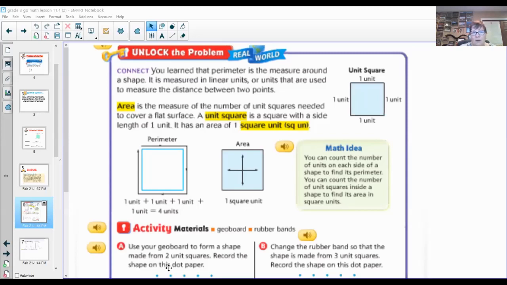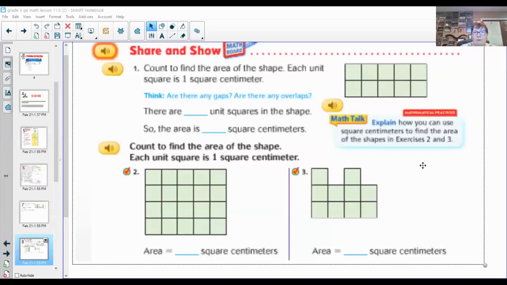Sometimes when you do the area, there's different shapes that they want you to count. So here in this example, let me move myself out of the way.